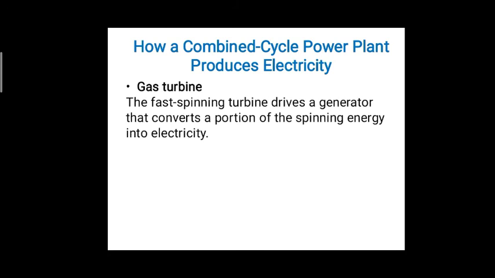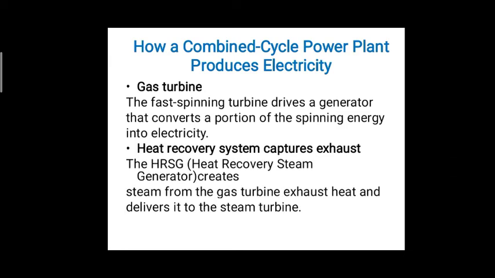How does a combined cycle power plant produce electricity? A gas turbine: the fast spinning turbine drives a generator that converts a portion of the spinning energy into electricity.